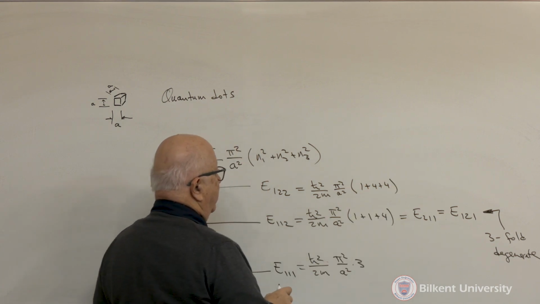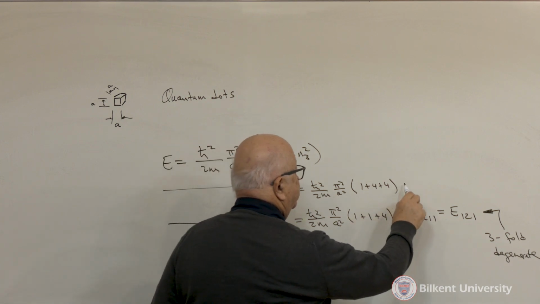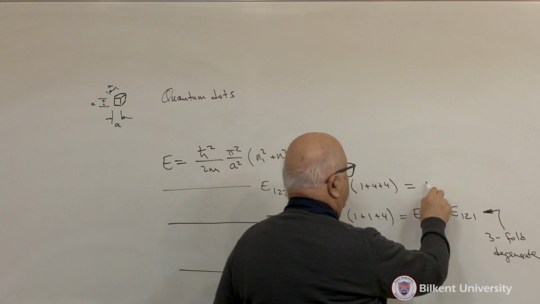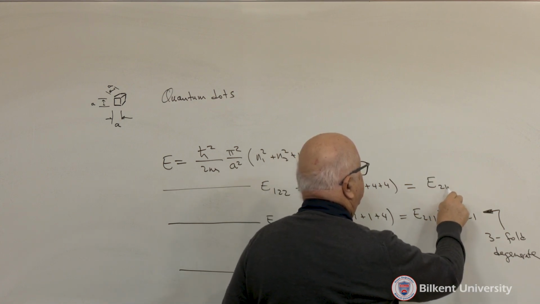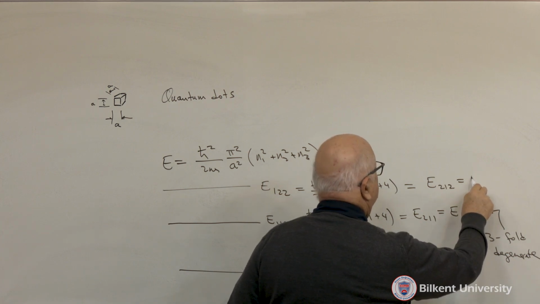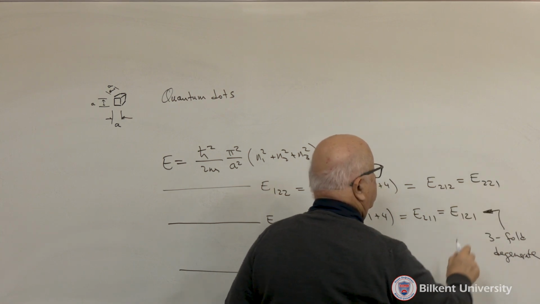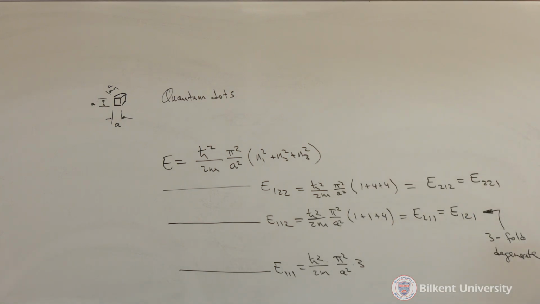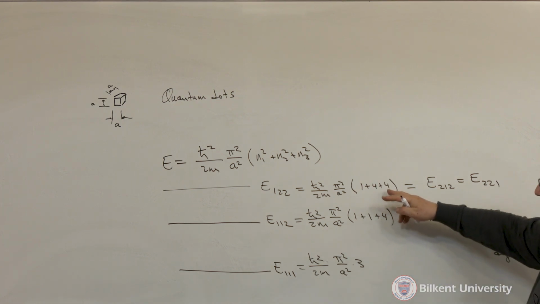Okay, so that makes a 9. How many fold degenerate is this? Again, 3, because I can move this 1 around to various places, which is going to be 2, 2, 1. All right. So you see, this is 6 and that's 9.